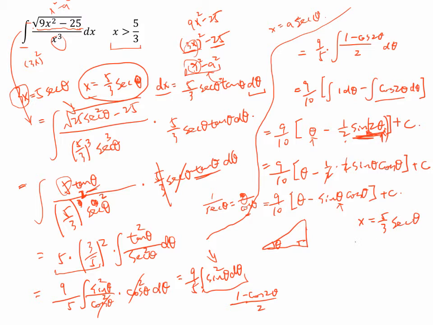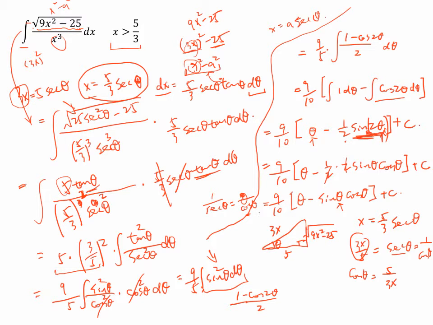So I rewrite it into 3x/5 is secant theta. I multiply by 3 here and then divide by 5, which is also 1/cosine theta as secant theta. So cosine theta, I know, is flip this over: 5/3x. So for theta, cosine is 5/3x. So this side is going to be the square root of 9x squared minus 25.